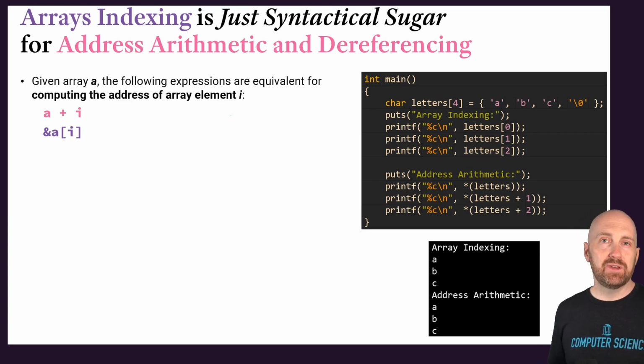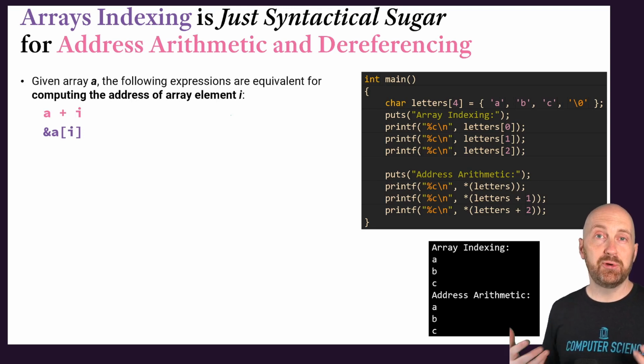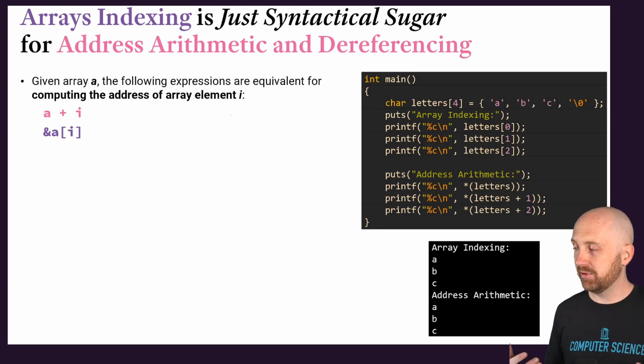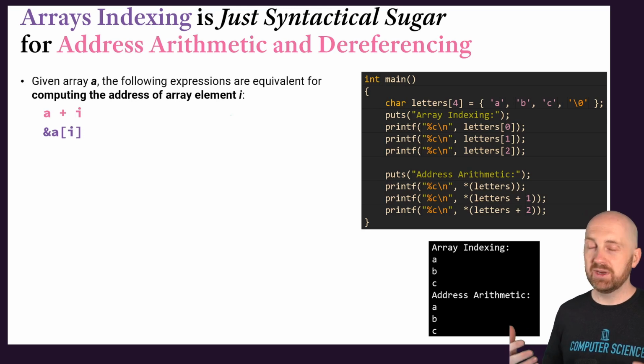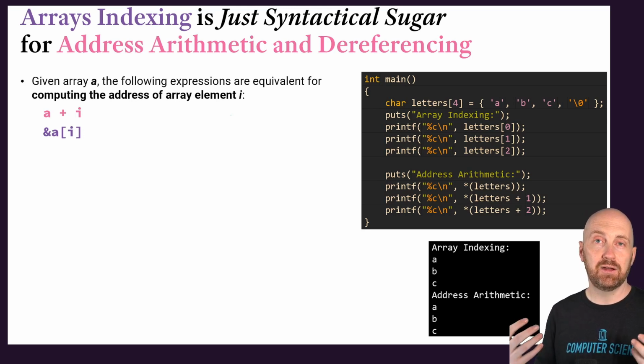You can use indexing and pointer arithmetic in very related ways, and these are two sides of the same coin. Imagine you've got an array named A, and you're doing some indexing arithmetic with it.